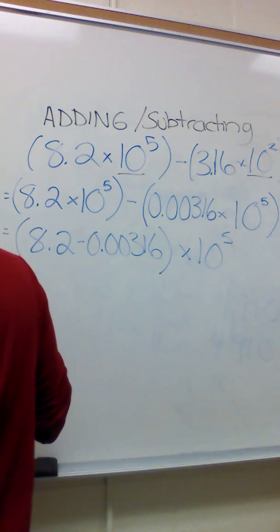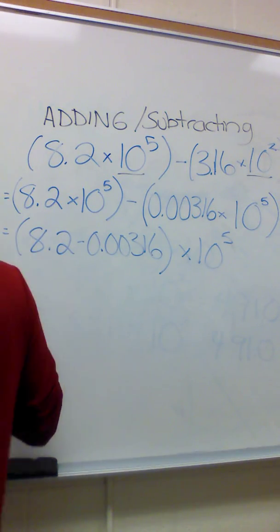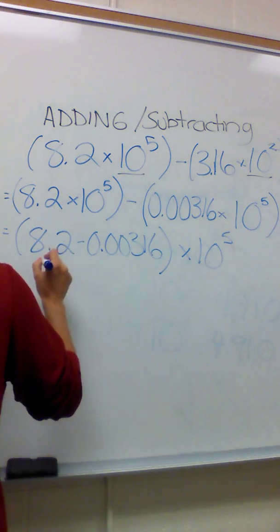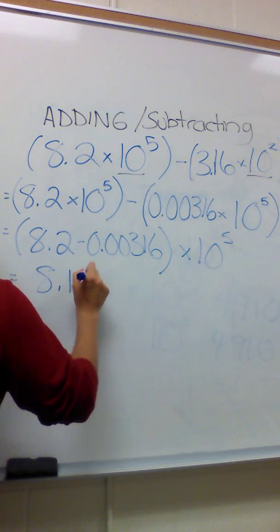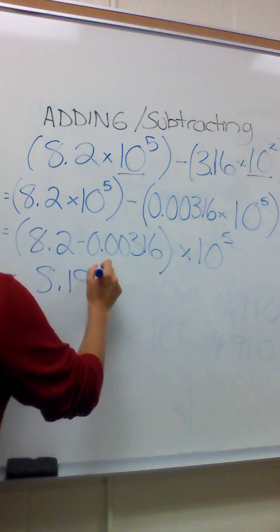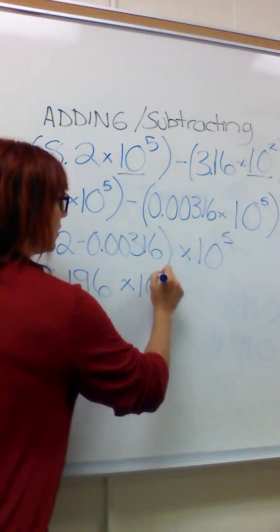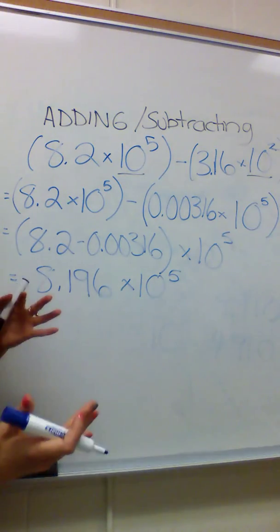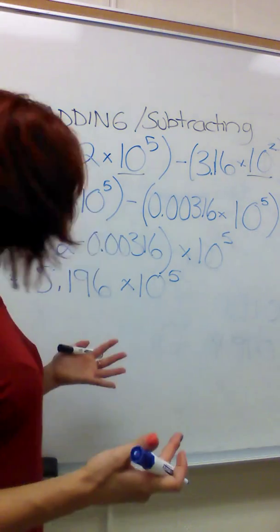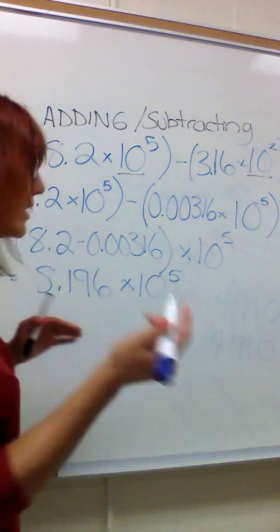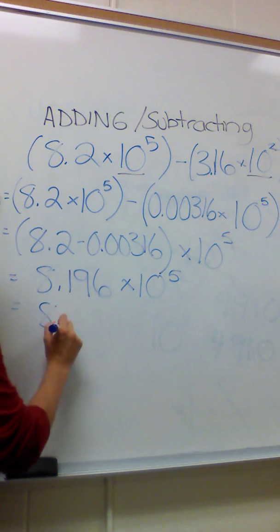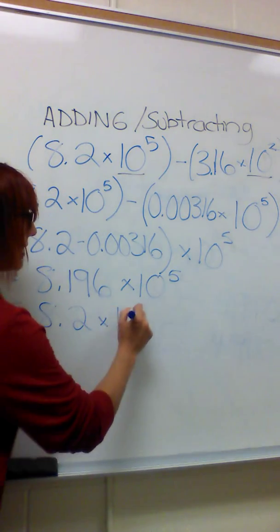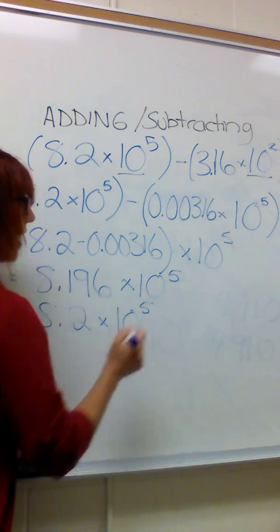When I get the answer from this, it would equal 8.196 times 10 to the exponent 5. Now looking at this, if your teacher wants you to round this, then you can also round this to make it 8.2 times 10 to the exponent 5.